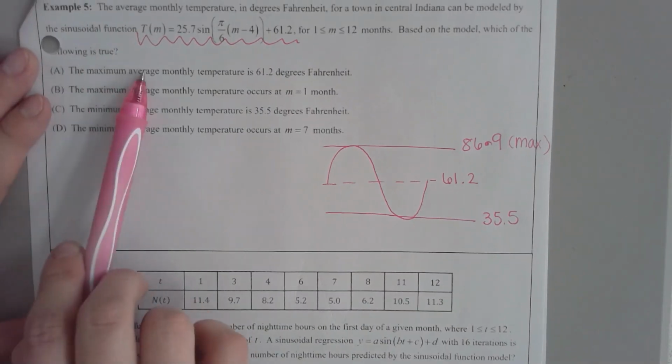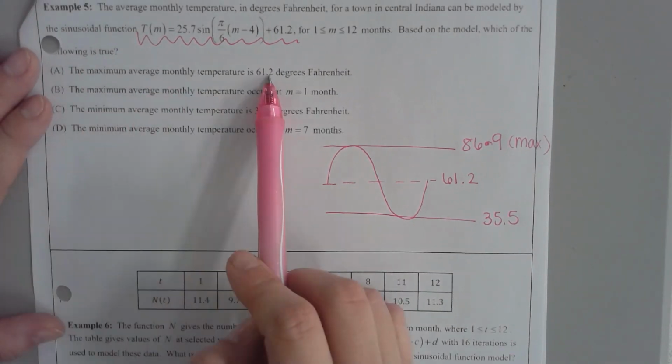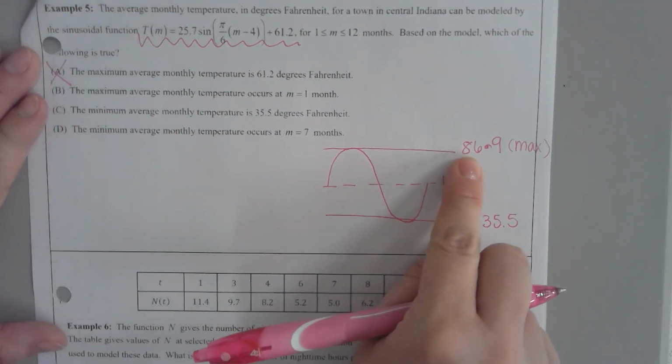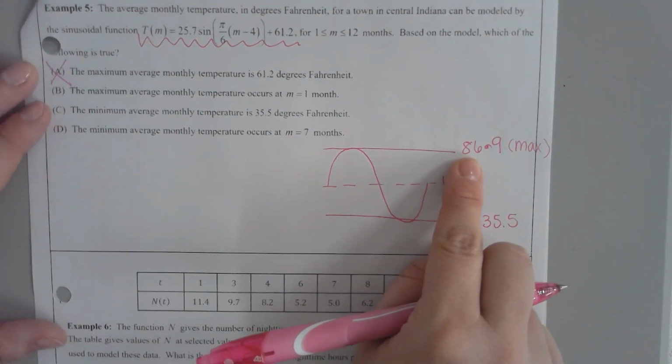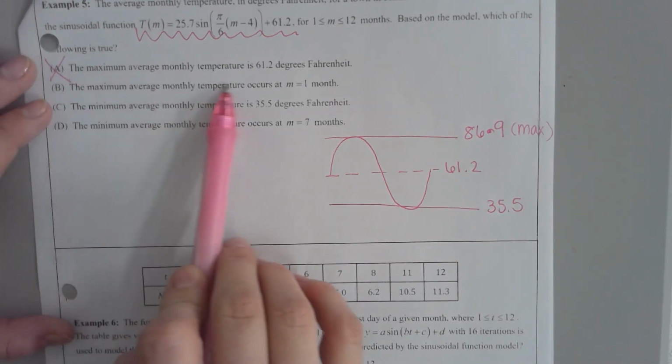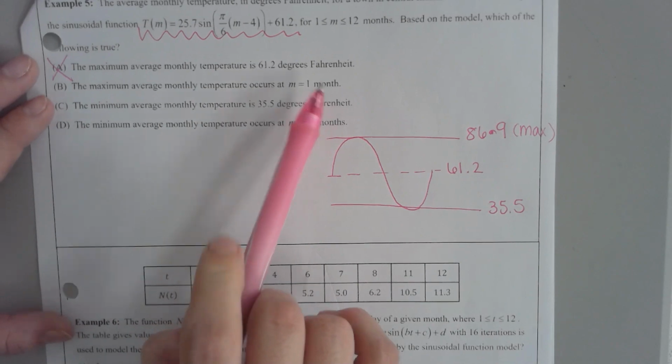So the maximum temperature, 61.2? No, that's not accurate. We just said the maximum is 86.9. The maximum occurs at m equals 1 month.